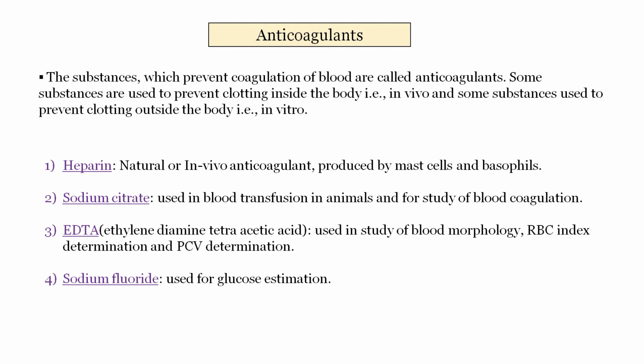Sodium citrate, used in blood transfusion in animals and for study of blood coagulation. EDTA, ethylenediaminetetraacetic acid, used in study of blood morphology, RBC index determination, and PCV determination. Sodium fluoride, used for glucose estimation.